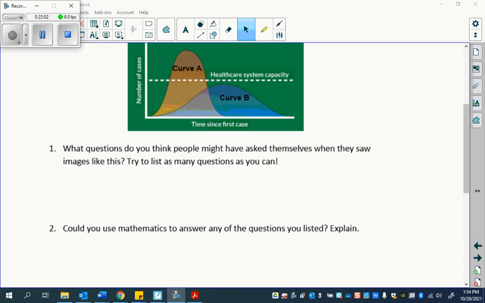Any other thoughts on your mind? What else are you thinking, Gus? So you want to know if this constant can be, you know, so you must say, okay, well, can we increase the healthcare capacity? Any other thoughts on your mind? Are we talking about a week, a month, a year and a half?